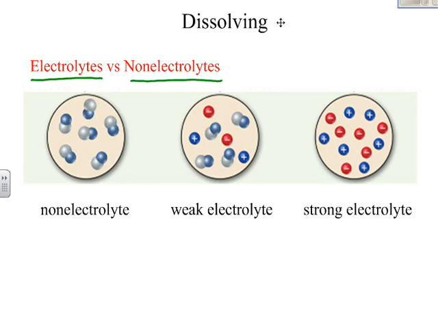Over on the far right, we have a strong electrolyte. This was the second example, where they had hydrogen chloride gas bubbled through water, in which every single hydrogen chloride molecule broke apart into a positive and negative ion. Thus, it was able to conduct a significant amount of current.